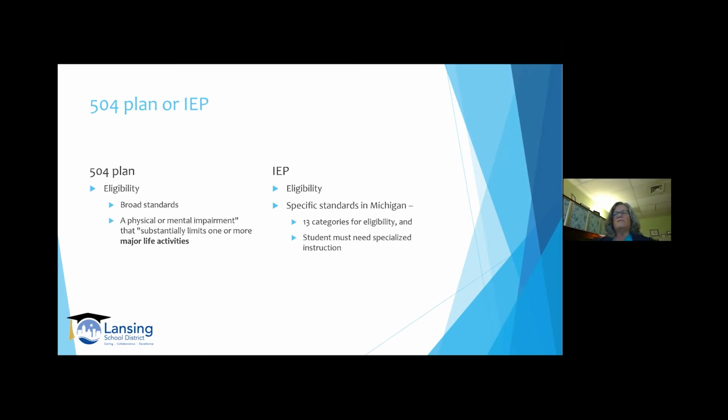In terms of an IEP, there are very specific standards in Michigan, and there are 13 categories or areas that you can become eligible in. And in addition to those categories, Michigan also sets out the fact that the student must need specialized instruction. So that's another area that is a little bit different than a 504 plan.